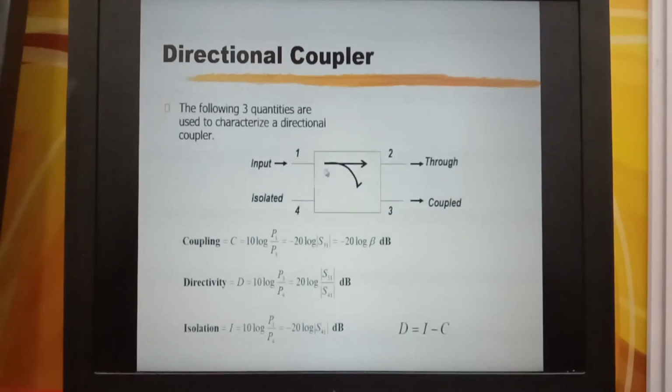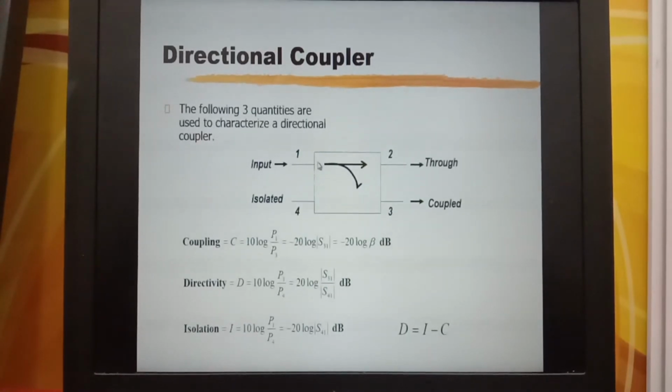The amount of power that is coupled from port 1 to port 3 compared to the input power P1, this ratio is called the coupling or coupling factor. Taking 10 log of the power ratio will give us the value in dB.